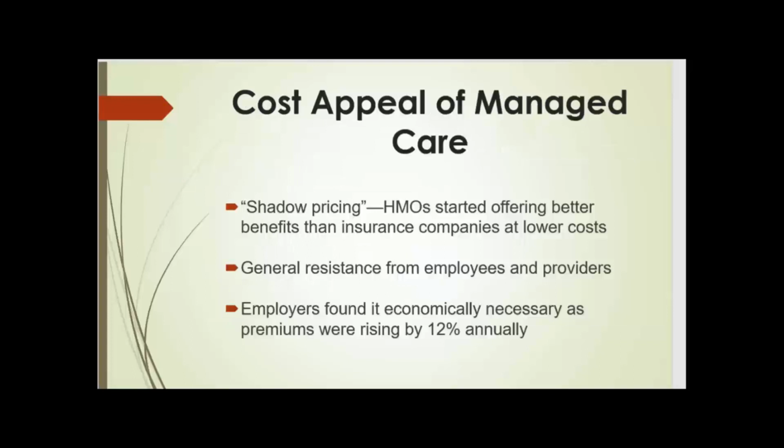So we're looking at shadow pricing. So that's HMOs started offering better benefits at lower costs, is essentially what it is. And then there was the general resistance from employees due to restricted choices and a resistance from providers due to the threat of lower incomes and external controls. Okay, so there was this general resistance from employees and providers.